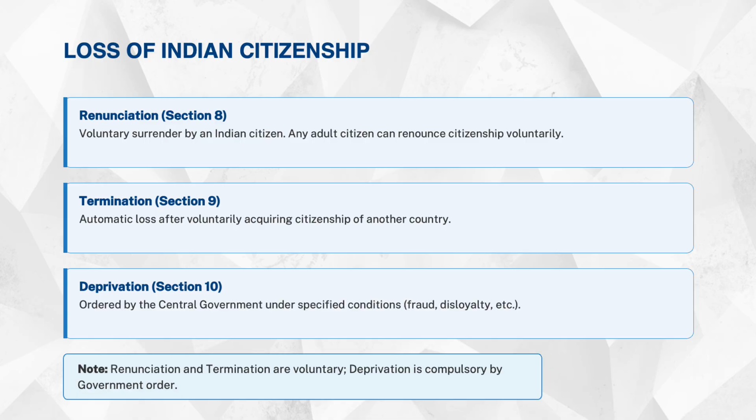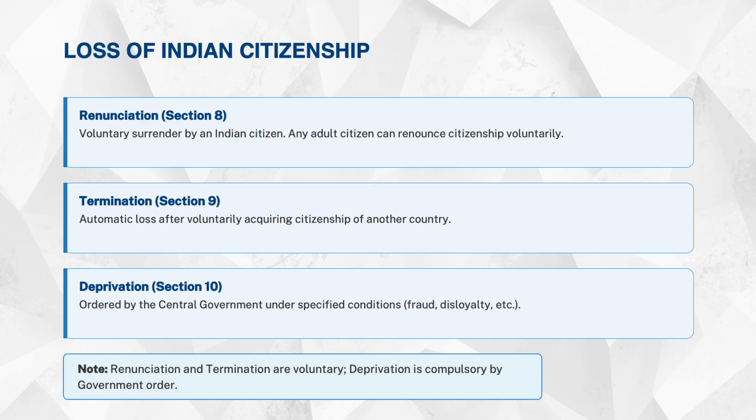And deprivation. Deprivation means if you commit a crime and so forth, it is ordered by the central government under specified conditions. Fraud, disloyalty, etc. You will be deprived of your Indian citizenship.